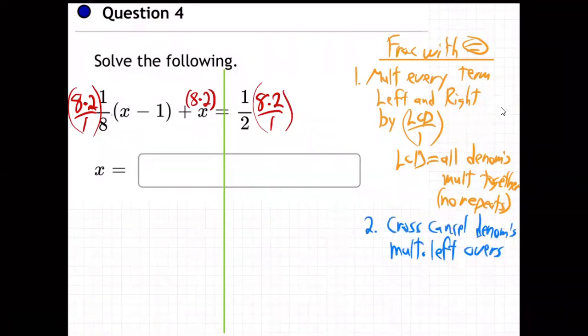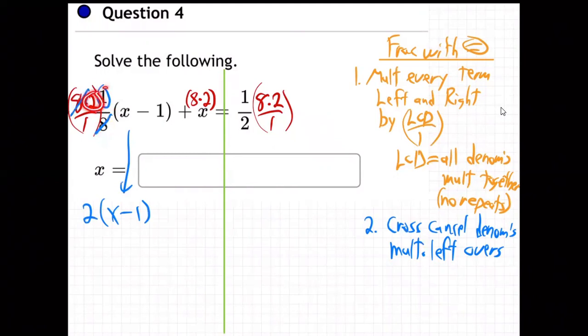Multiply the leftovers. So 8 cancels 8. What's left over? 1 parenthesis x minus 1. Oh, and the 2, I'm sorry. 2 times 1. So that should be 2, shouldn't it? Everybody good there? Let me go back. So you cross cancel the denominators and multiply what's left over.